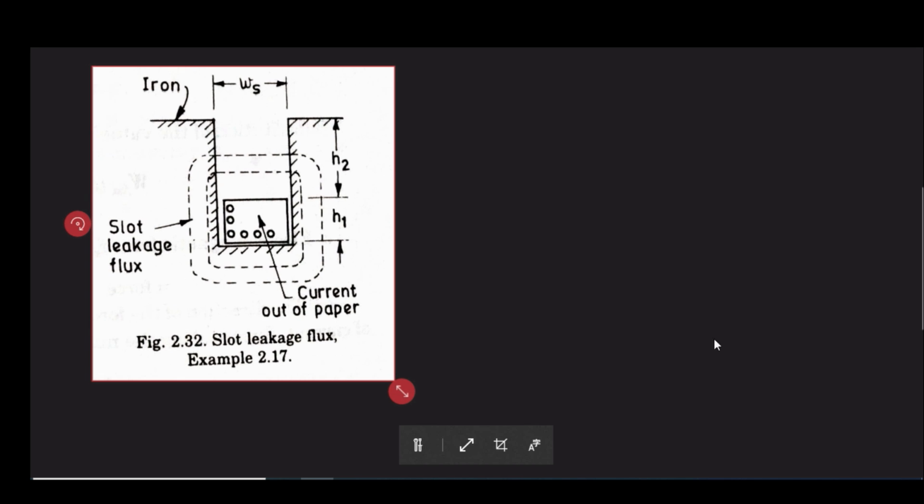So this is our structure. Now let me draw the value of our BH curve, like what will be the nature of that.